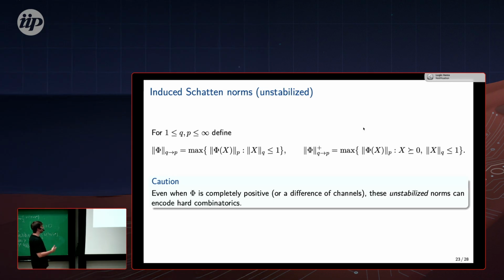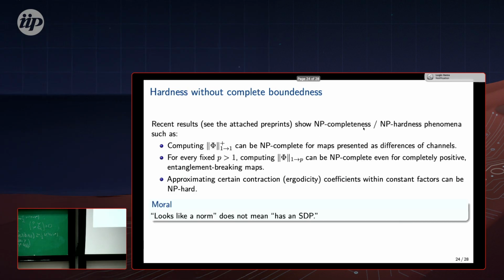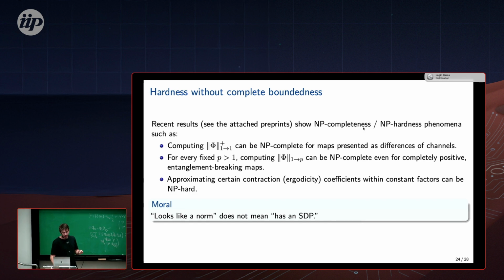The nice point, or the bad point depending on your point of view, is that these things can encode very hard combinatorial problems. For instance, there were very recent results from last year showing that computing this one-to-one norm restricted to traceless matrices can be NP-complete, or even if you restrict to entanglement breaking channels. And approximating these norms is in general a very hard problem.